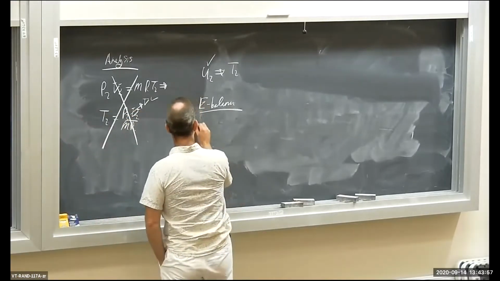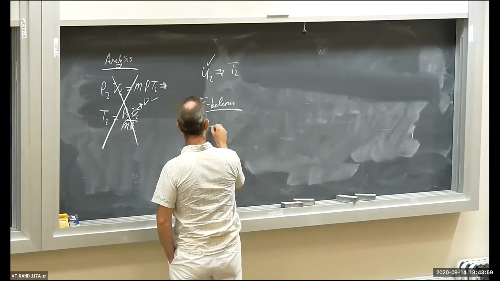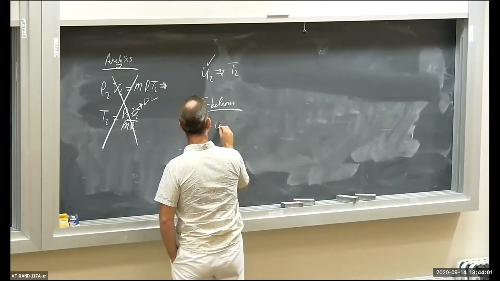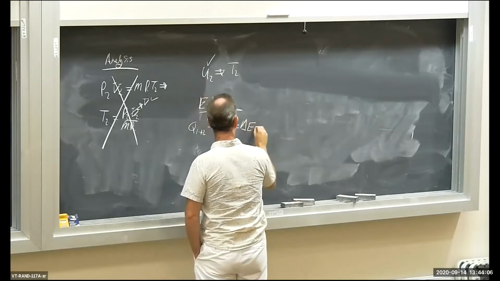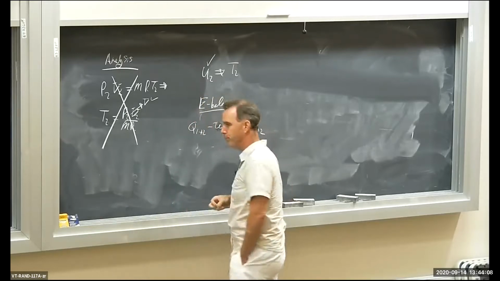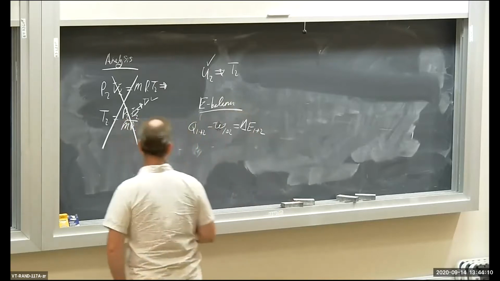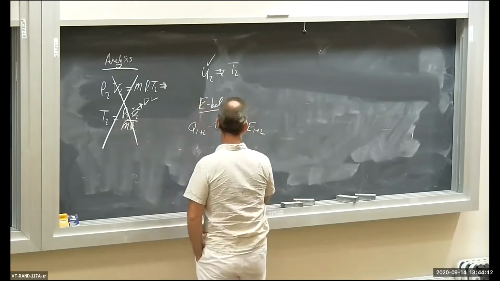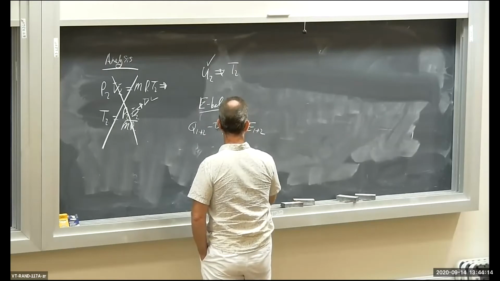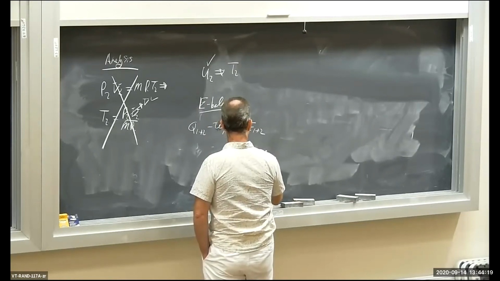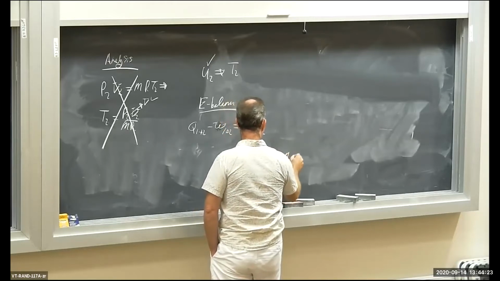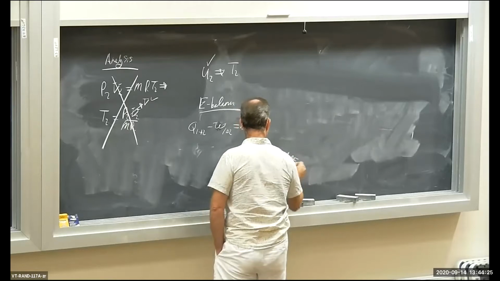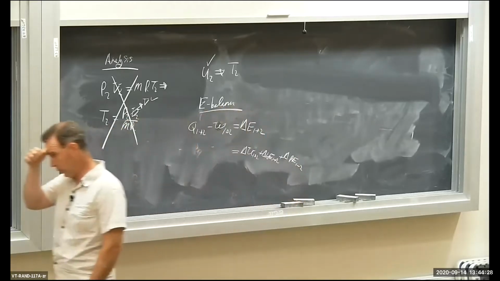So we have Q 1 to 2 minus W 1 to 2 is equal to delta E 1 to 2. Change in total energy. By the way, the change in total energy is equal to the change in internal plus the change in kinetic plus the change in potential energy over the process 1 to 2.